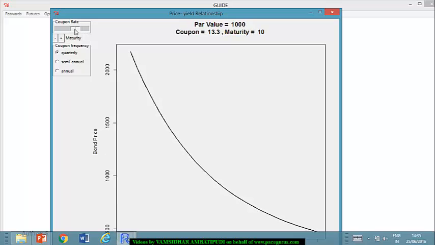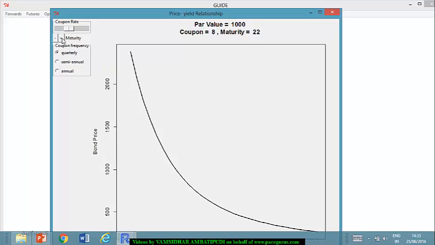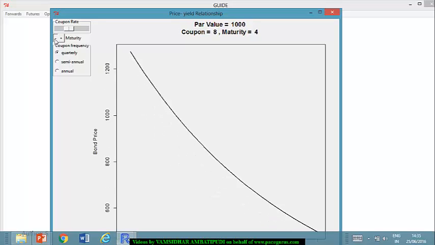Now let me keep the coupon somewhere in the middle at, let's say, around 8%. Now increase the maturity. As the maturity of the bond is increasing, we have increased up to 22, versus you decrease the maturity.